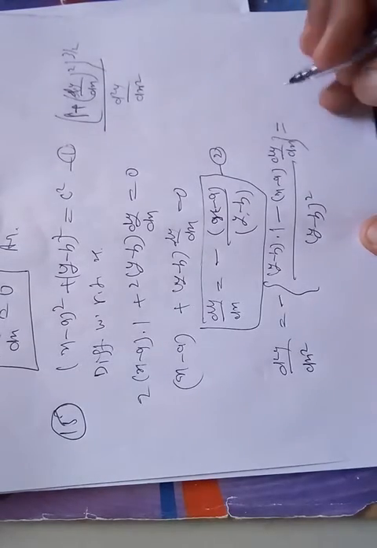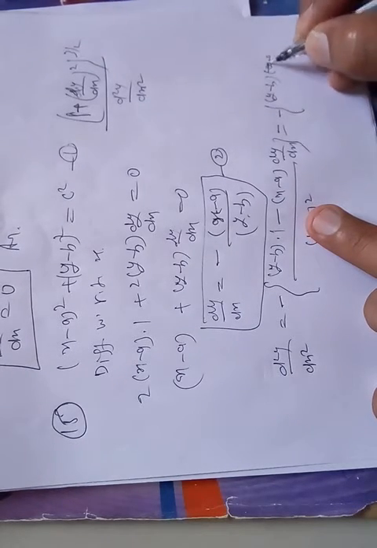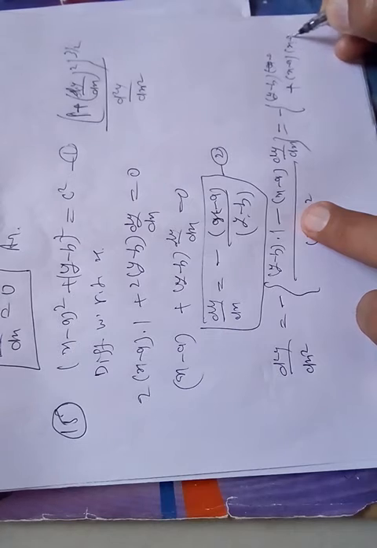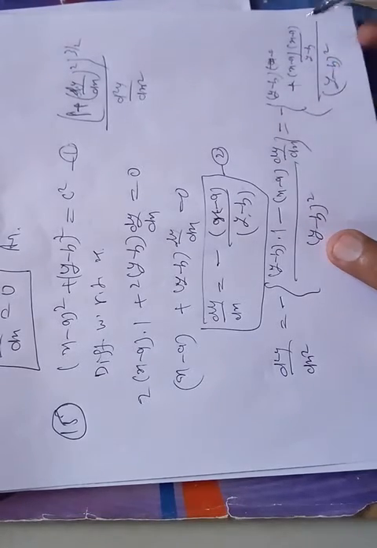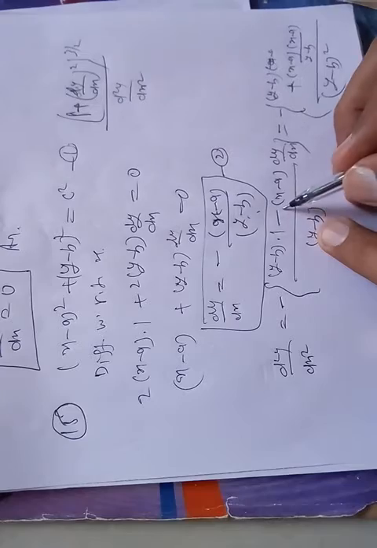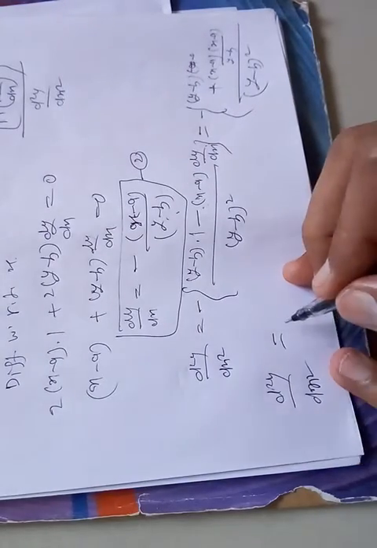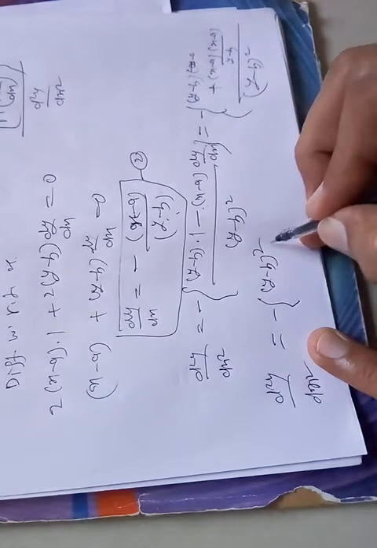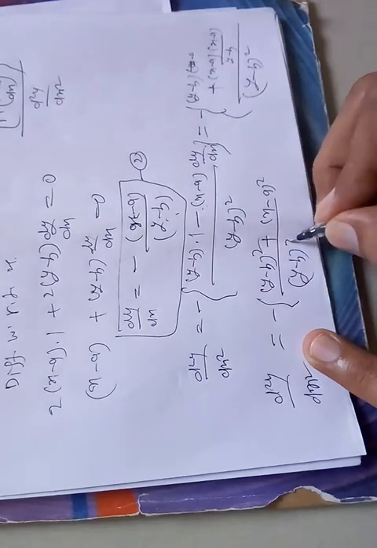So putting dy/dx from 2: dy/dx equals minus (x minus a) by (y minus b). Simplifying the signs, d2y/dx square equals minus (y minus b) upon (x minus a) plus, taking LCM, (x minus a) square upon (y minus b), all upon (y minus b) square, to power 3.